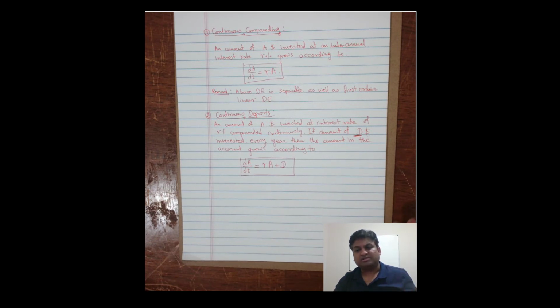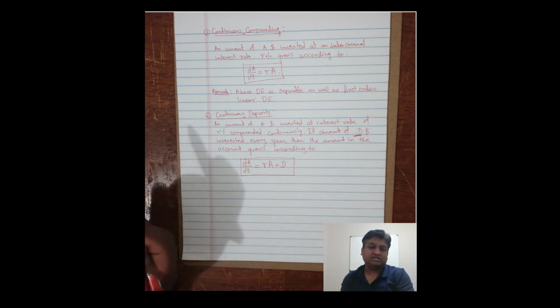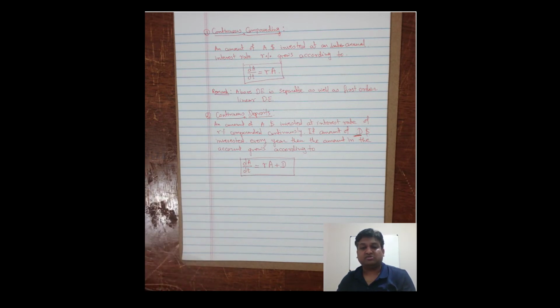That person deposits this $1 million in some bank account which pays an interest rate of, let's say, 3% on a yearly basis. This person intends to make a continuous withdrawal every year of $10,000 from this account. He would like to know what will be in his bank account after 10 years, after 20 years. These types of examples are called continuous withdrawal examples.